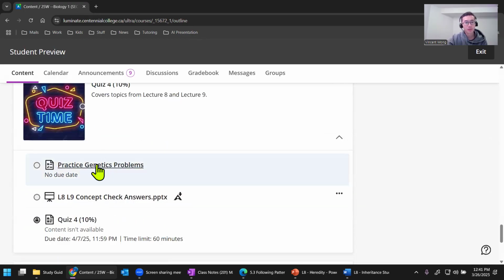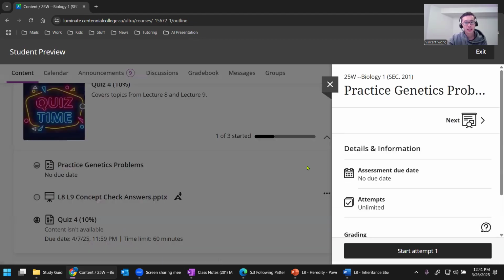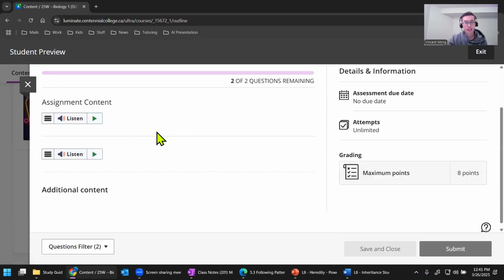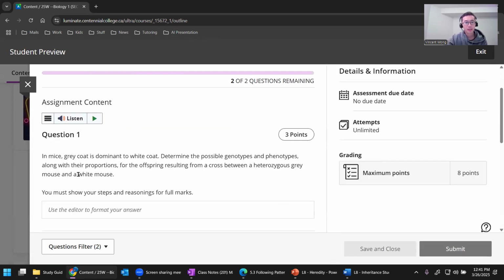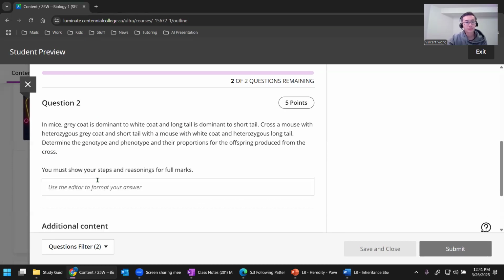So under the quiz 4, there is the practice genetic problems. And again, this is just for you to learn how to key in the answer. We already did this one last time, so here's another one.